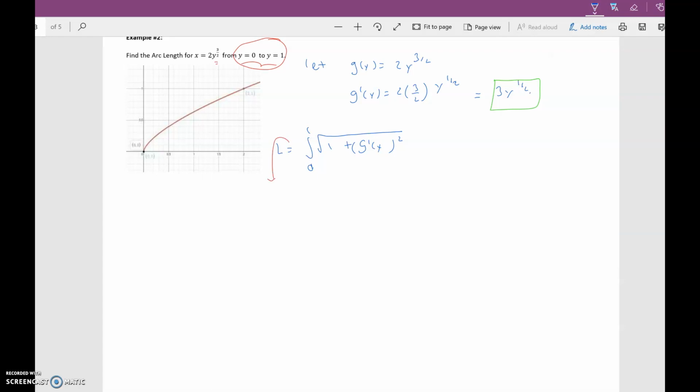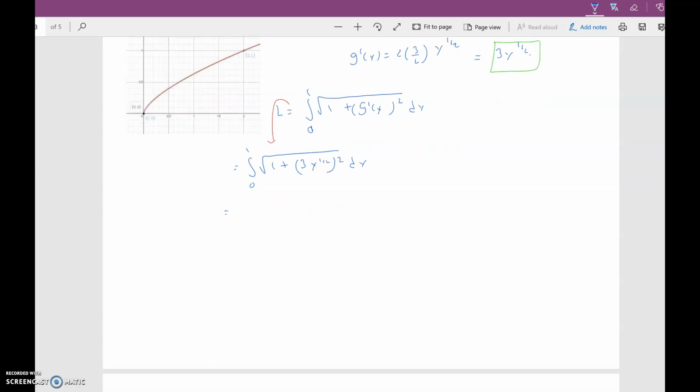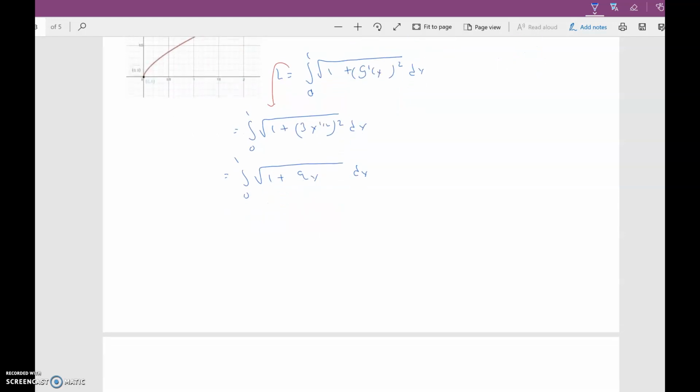So in this case, we're looking at the integral from 0 to 1 of the square root of 1 plus 3y to the 1/2, squared, dy, which actually simplifies to the integral from 0 to 1 of the square root of 1 plus 9y dy.